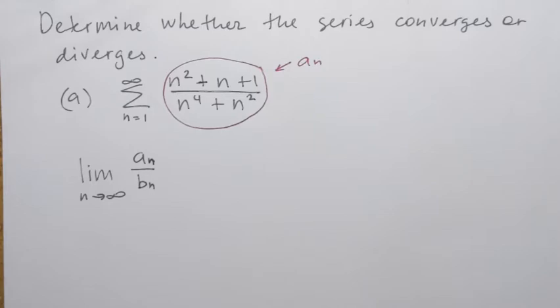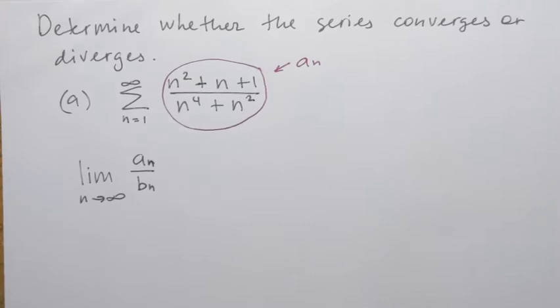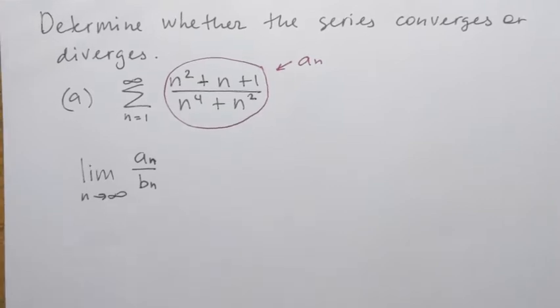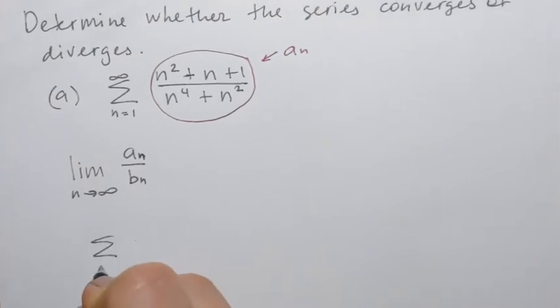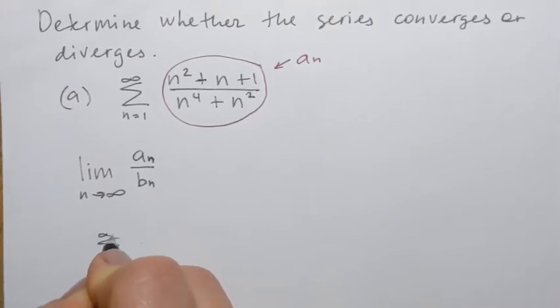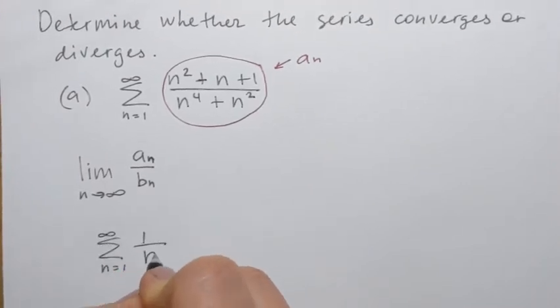The easiest series to work with are p-series, which come in the form 1 over n raised to a certain power. So here's the question: what power to use?